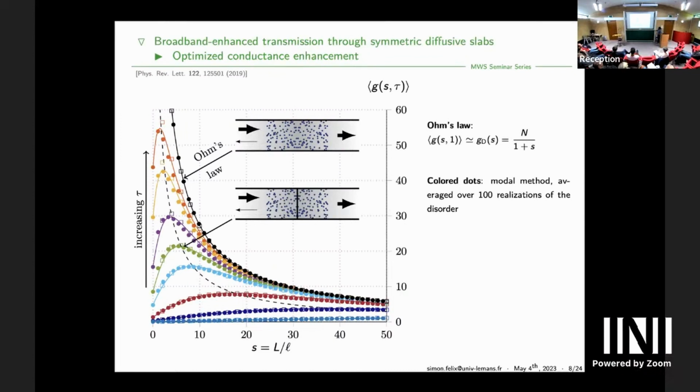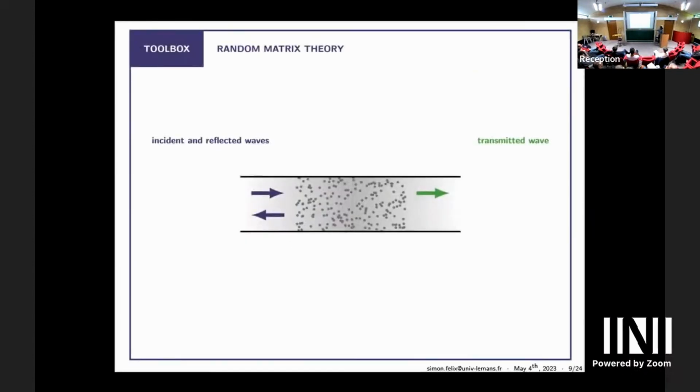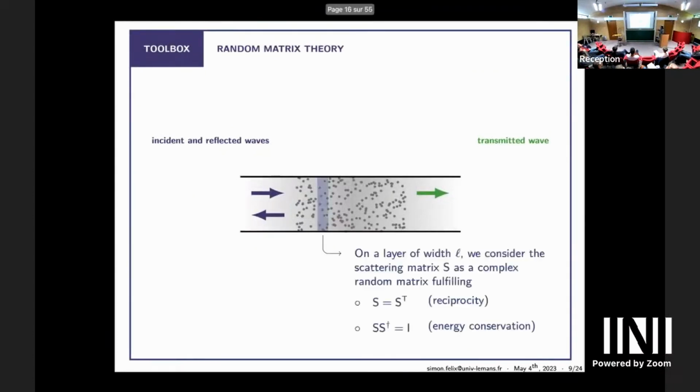The squares here are obtained with random matrices. The idea is this one. I have my disordered system, and what I say is that on a layer of width the mean free path, I consider that a random matrix can describe the scattering of the system because the wave is completely randomized on this length by definition of the slice.